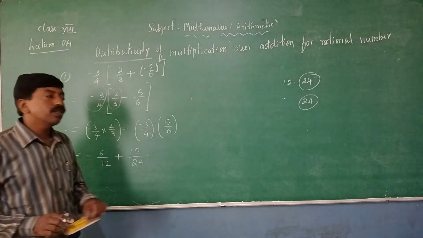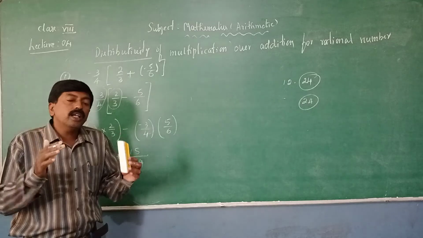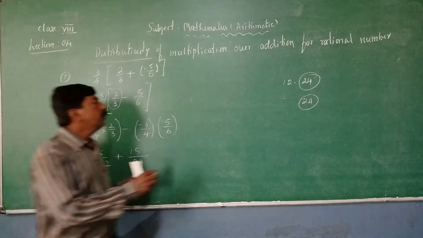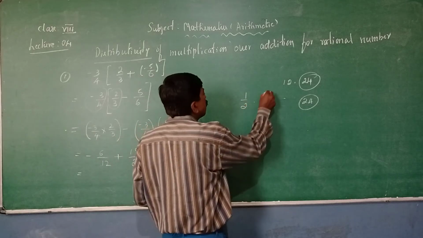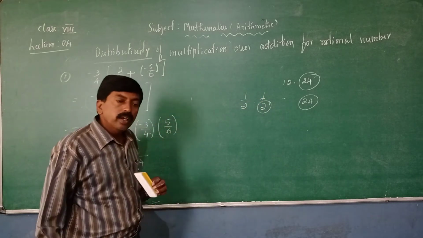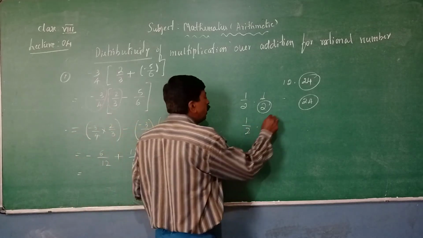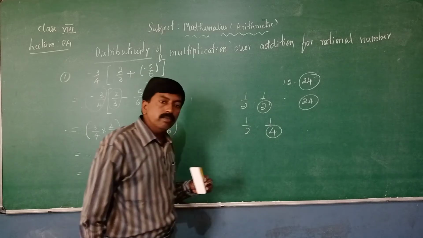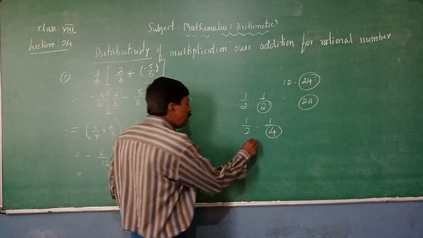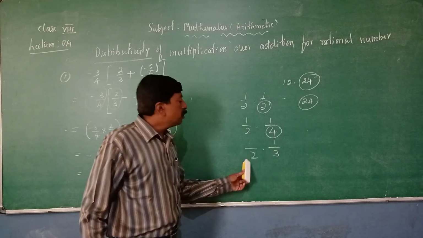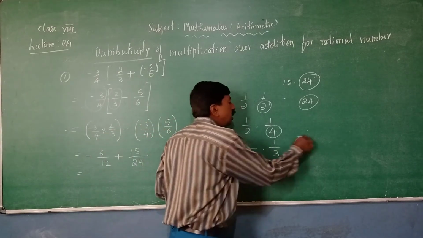There are 3 rules. Observe here. While finding the LCM, you have to remember the 3 rules. If the denominators are the same, that number is the LCM. If one number is a factor of the other number, the bigger number is the LCM. If one is an even number and the other is an odd number, their product is the LCM, that is 6.